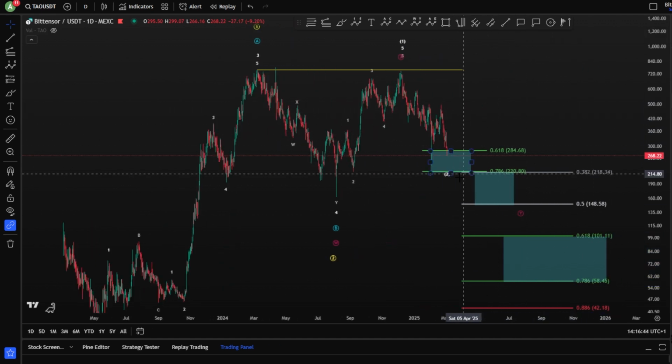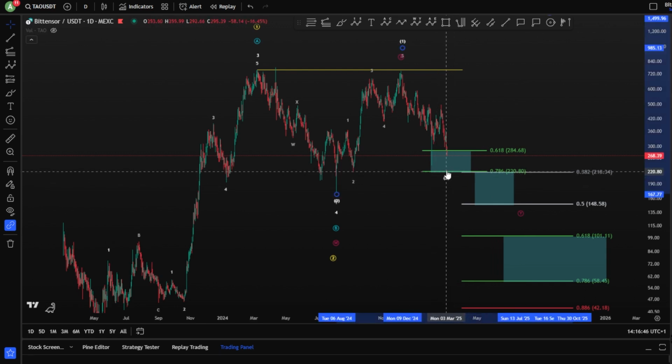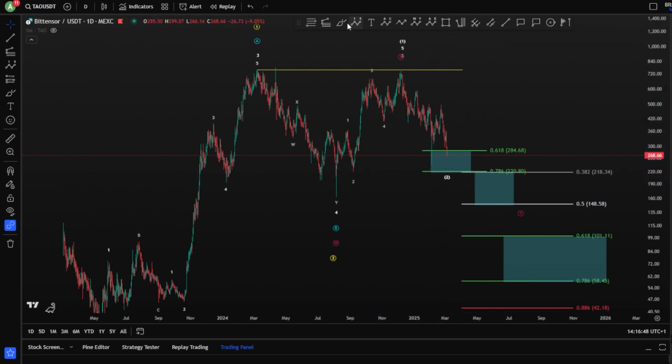Now, as we said, there is a higher possibility that this wave 2 still has a chance at the 0.786.